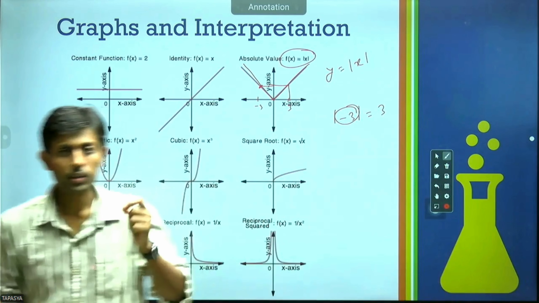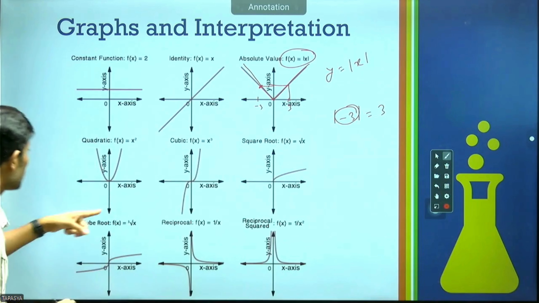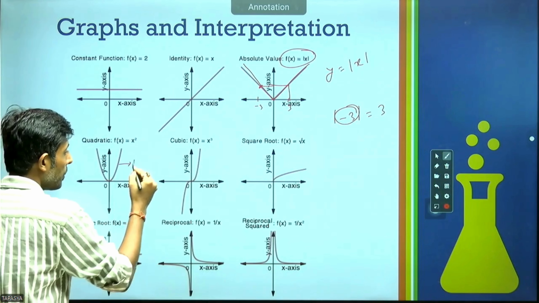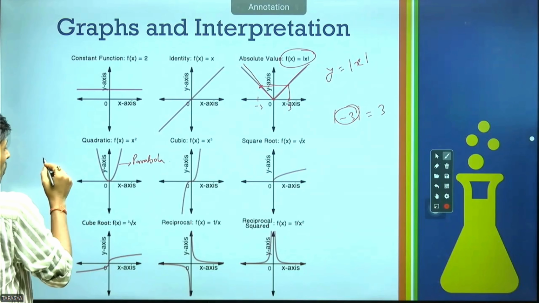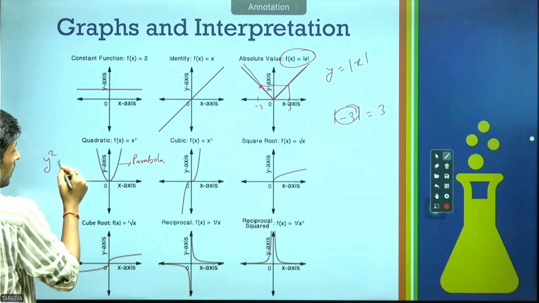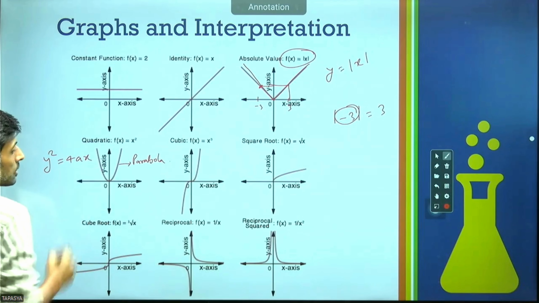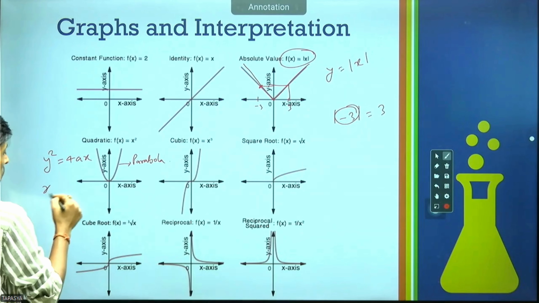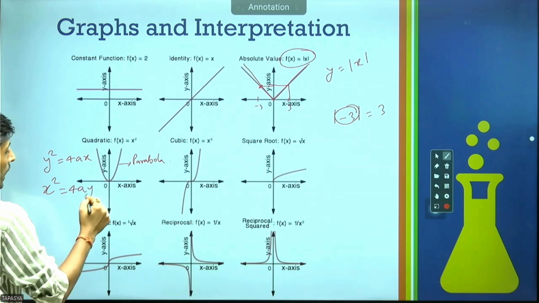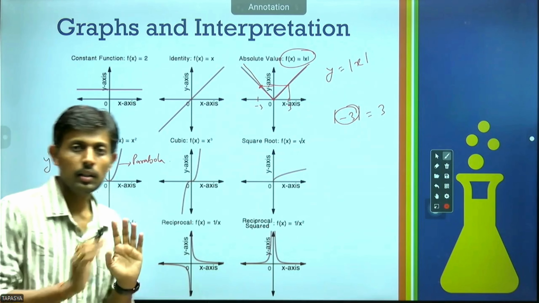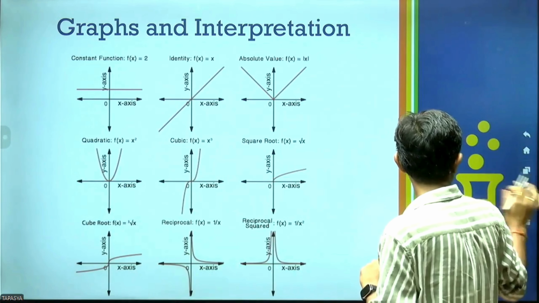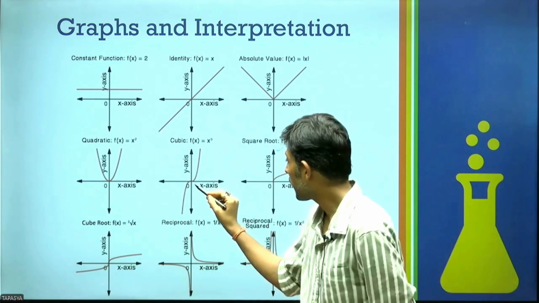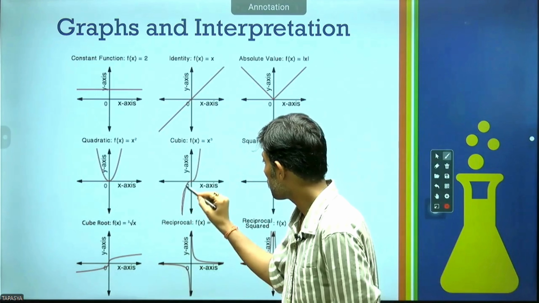A quadratic function looks like this. This is a parabola. y square equal to 4ax or x square equal to 4ay. These are all different equations of a parabola. A cubic graph, or a cubic variation, is going to look like this. Something like this.